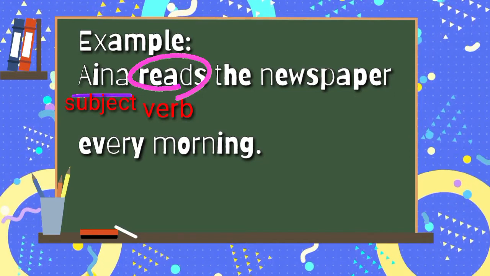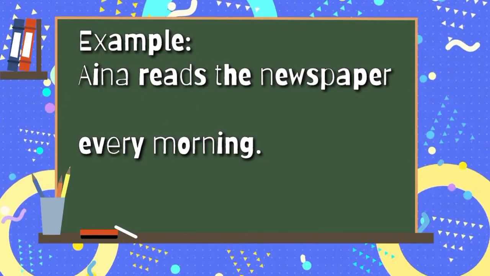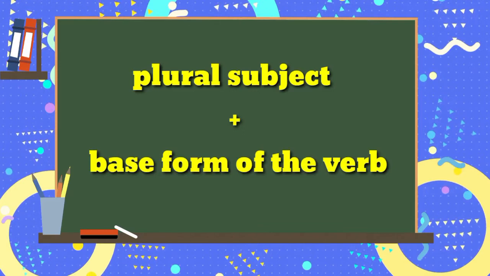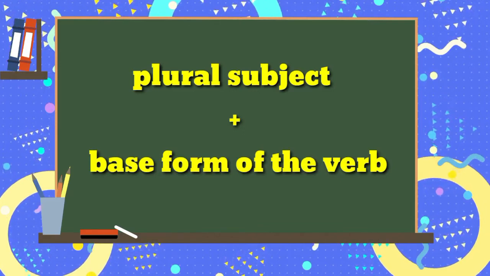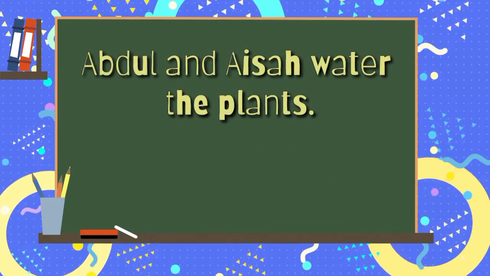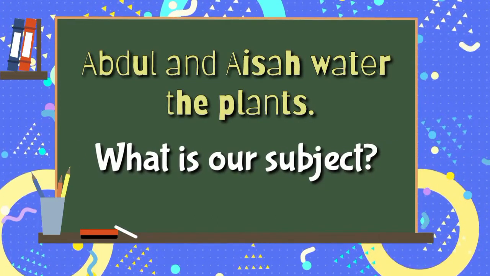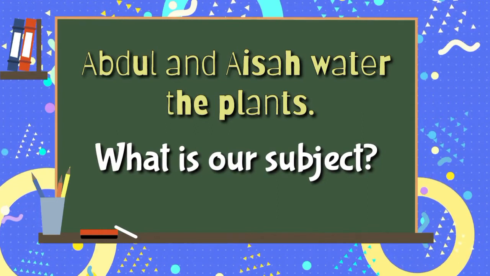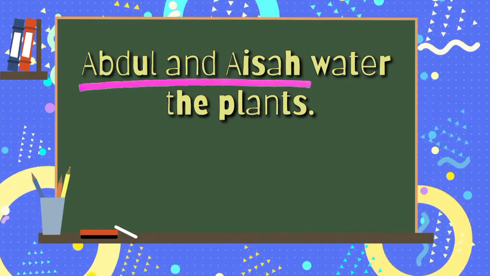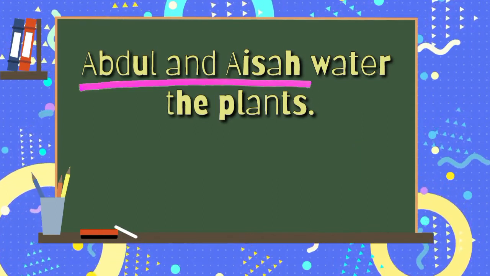But if the subject is plural, we use the base form of the verb. For example, Abdul and Isa water the plants. In this sentence, what is our subject? Very good. Abdul and Isa is our subject.